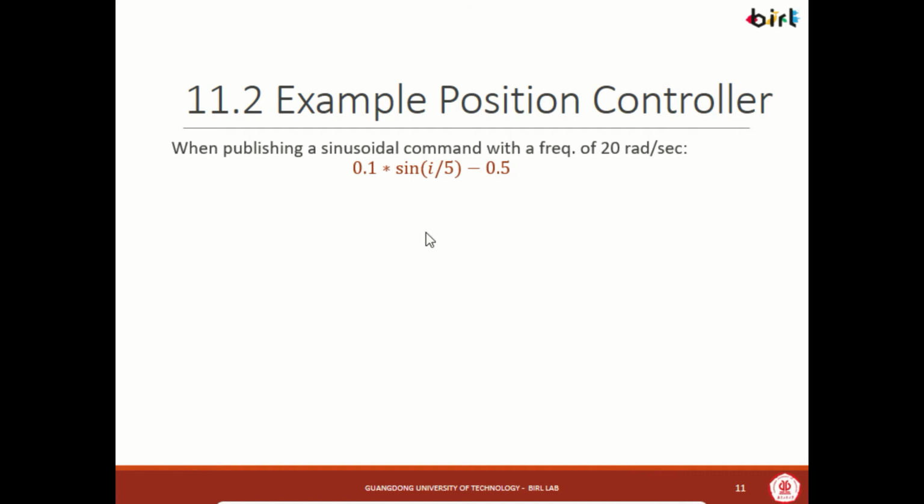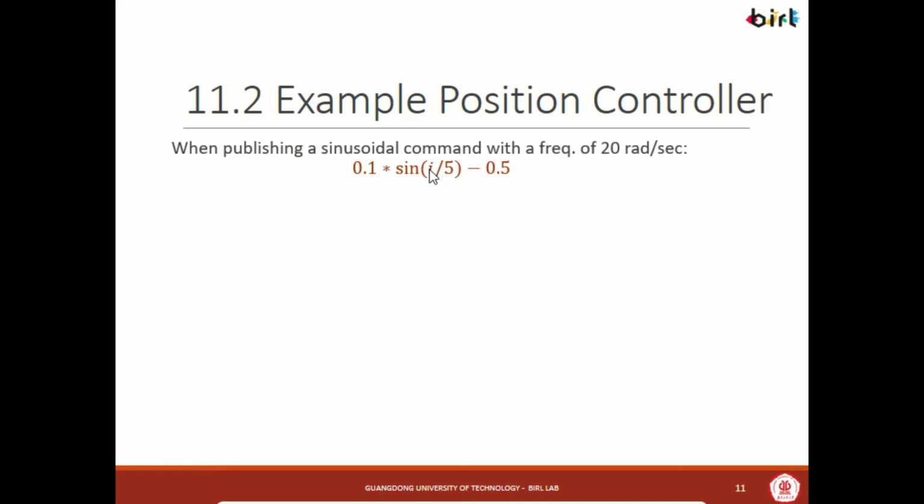Okay? So we can use an equation like this. 0.1 is the amplitude, right? So it's the amplitude of the wave going up and down, around 0. We use a sine, and the frequency of our topic is what? Can you remember the frequency?